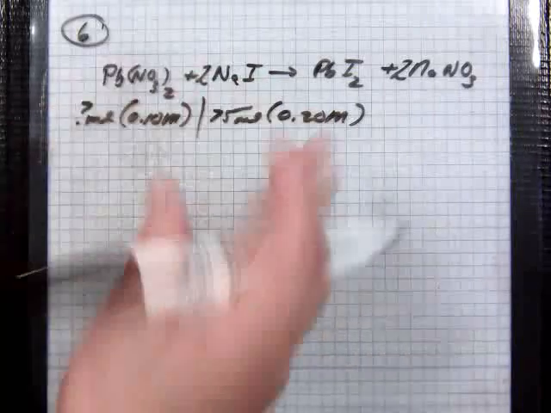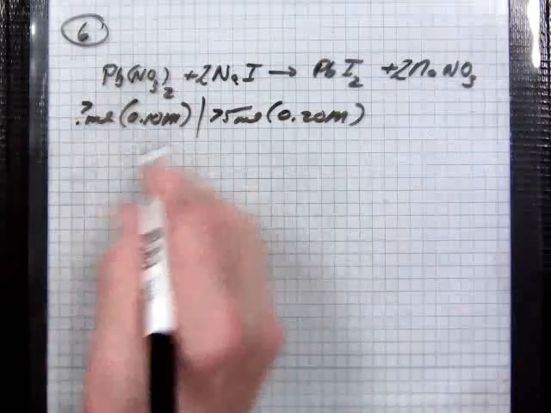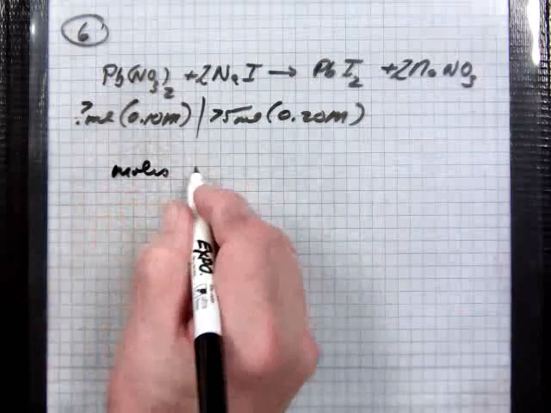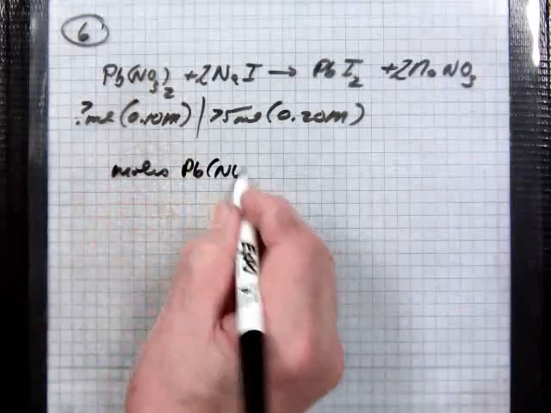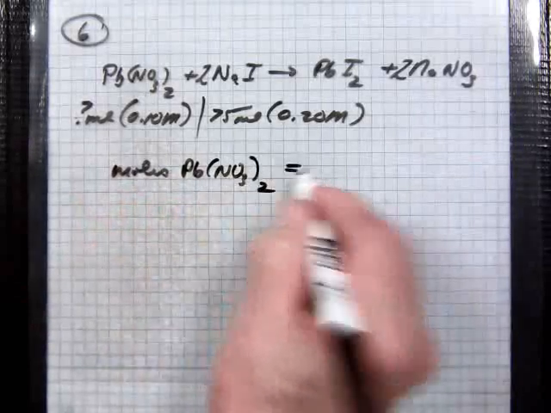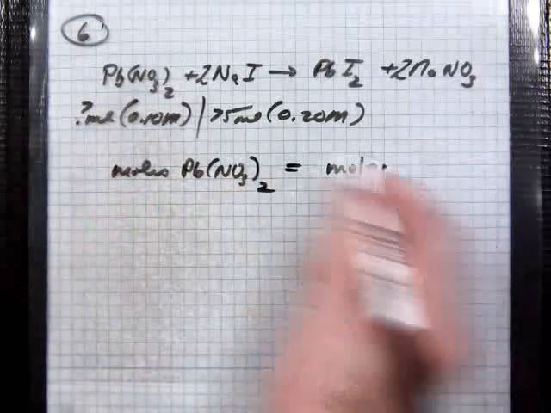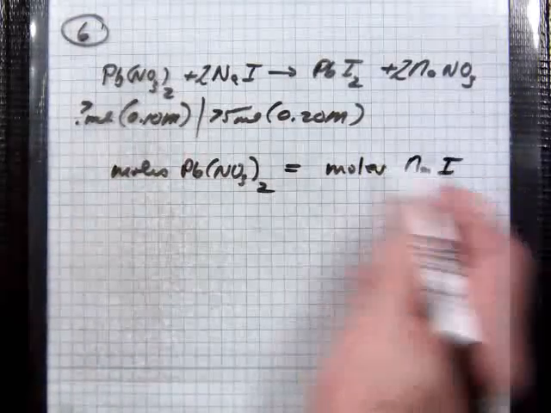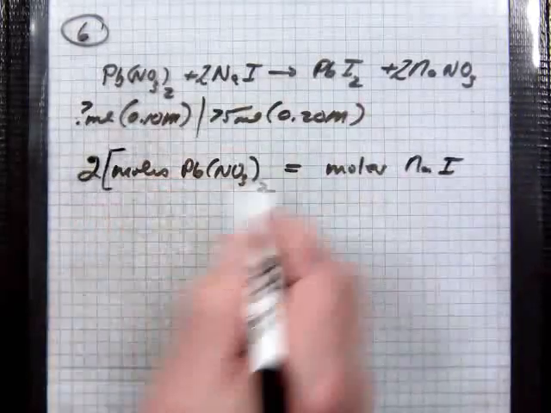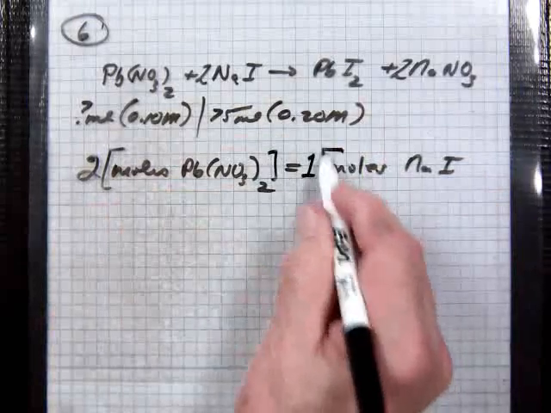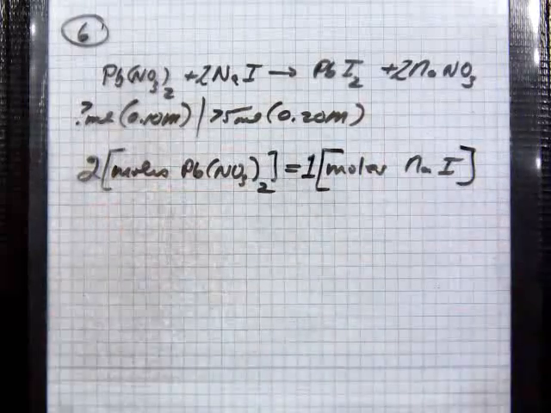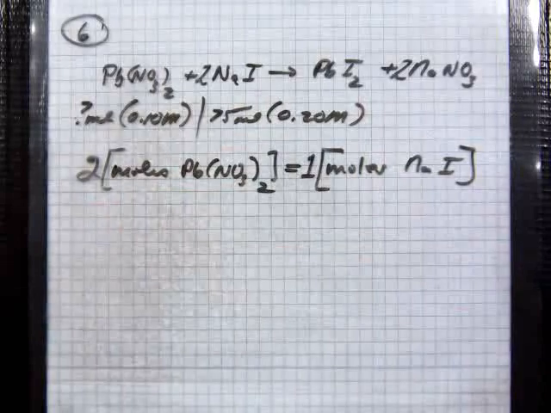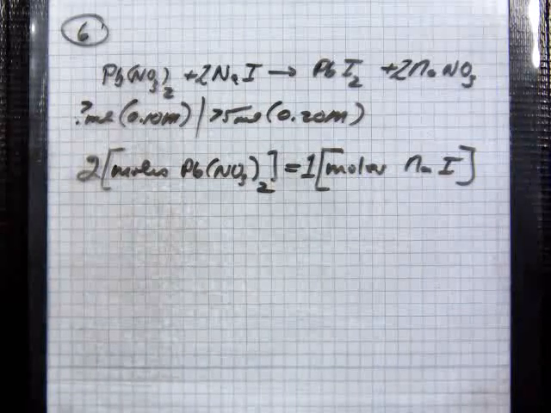Well, we have a 1-to-2 reaction ratio, so we could say moles of lead nitrate equals moles of sodium iodide. Swap coefficients, bring the 2 over here and a 1 right there. So that sets up the mole-mole relationship.